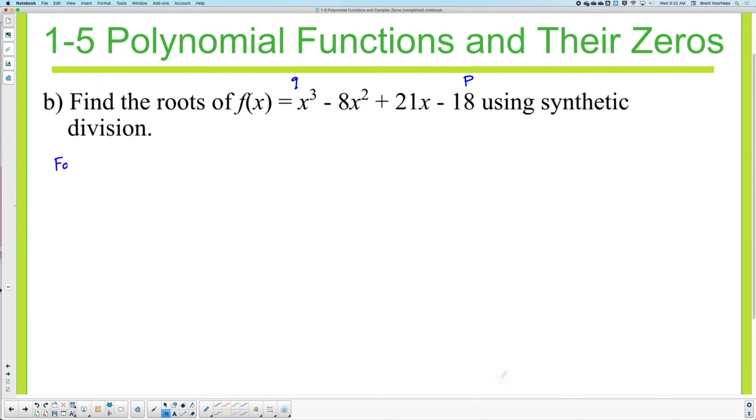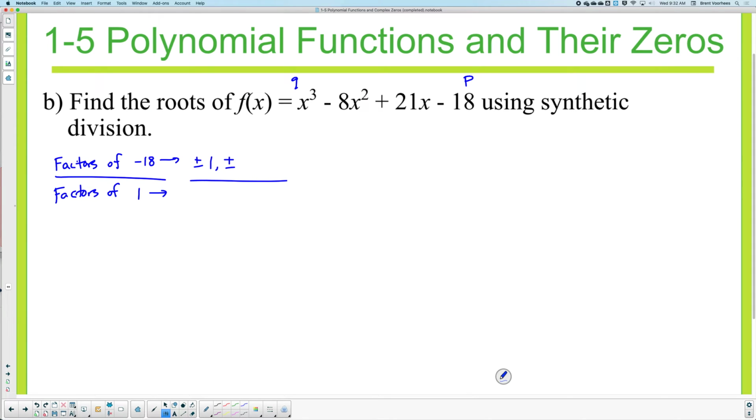So what are the factors of negative 18? I'm going to write it this way to be more specific. And then I'll do the factors of 1 here. Okay, plus or minus 1 and 18.